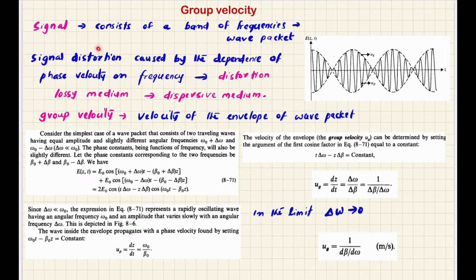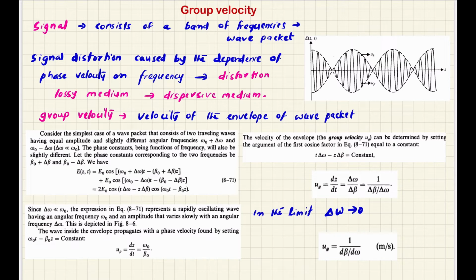Such a signal distortion caused by the dependence of phase velocity on frequency is called dispersion. An immediate example is a lossy medium like plasma, or an ionized gas medium, which is a dispersive medium.